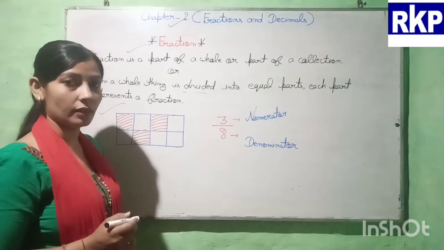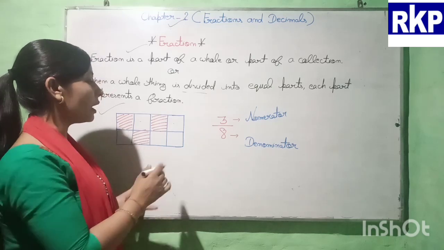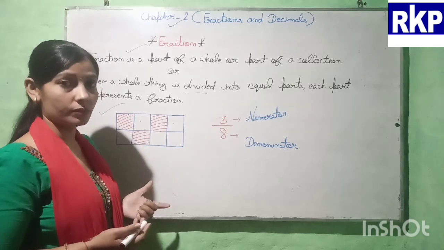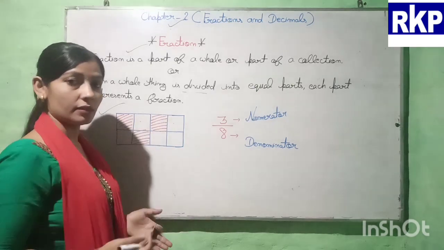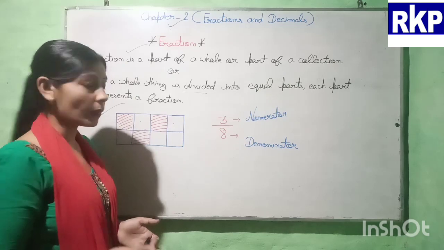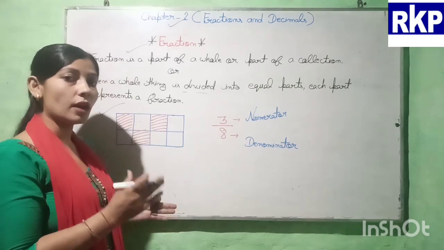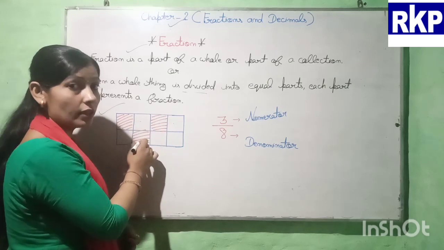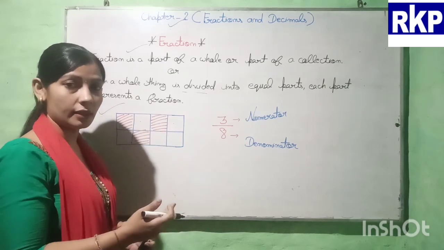If I want to find the fraction of the shaded portion, then first we have to count the shaded parts. So here 1, 2, 3. 3 parts are shaded.